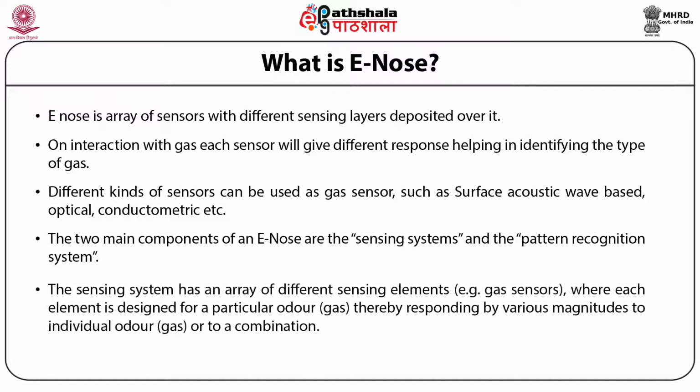The sensing system has an array of different sensing elements, for example, gas sensors, where each element is designed for a particular odor or gas, thereby responding by various magnitudes to an individual odor or gas or to a combination.